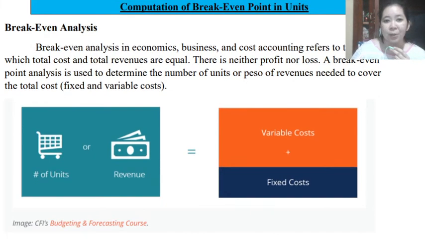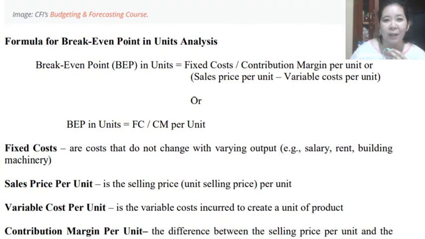Okay, so we have here an illustration. Number of units or revenue is equal to your total variable cost and fixed cost. So this is the break-even point in an illustration. So what is the formula now for solving your break-even point in units?